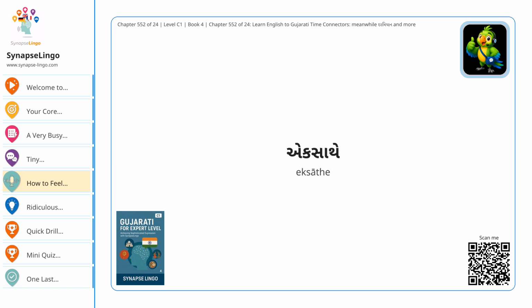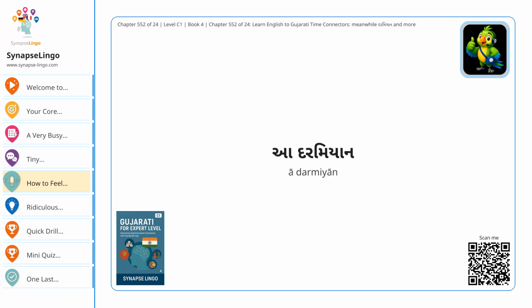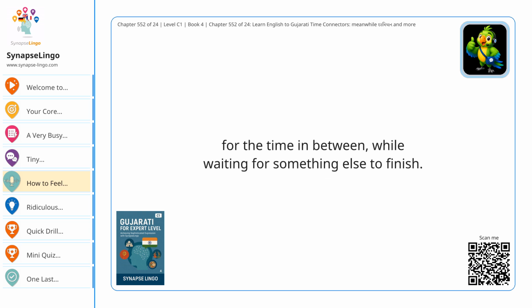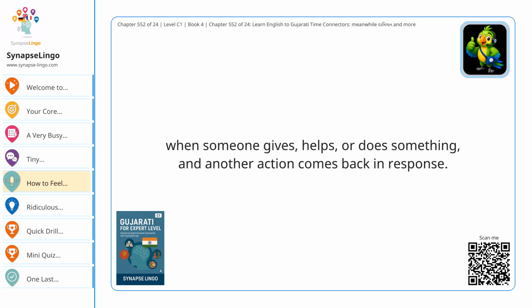Use એક સાથે when things happen at exactly the same time. Use આ દરમિયાન for the time in between, while waiting for something else to finish. Use પરિણામે when you give a result or consequence. Use બદલામાં when someone gives, helps, or does something, and another action comes back in response.